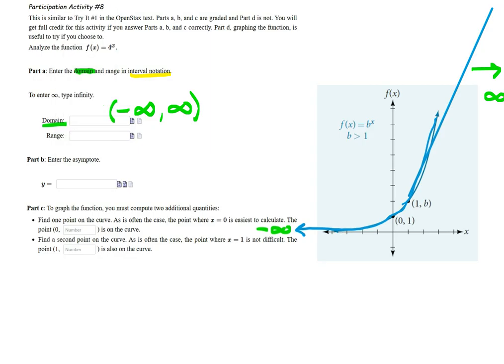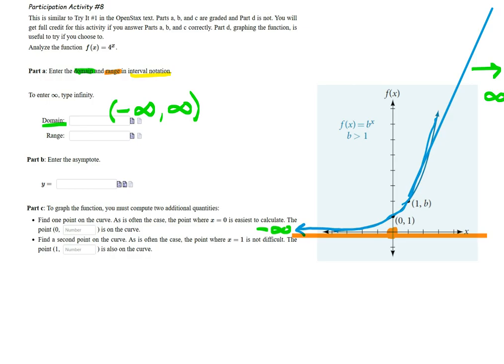Okay. And now we're doing the range. And the range would be all of the y coordinates. Now, when I'm looking at this graph, the lowest point on the graph, I'm going to draw a horizontal line to show this. The x-axis, this graph never crosses the x-axis. So the lowest you could possibly get would be 0.